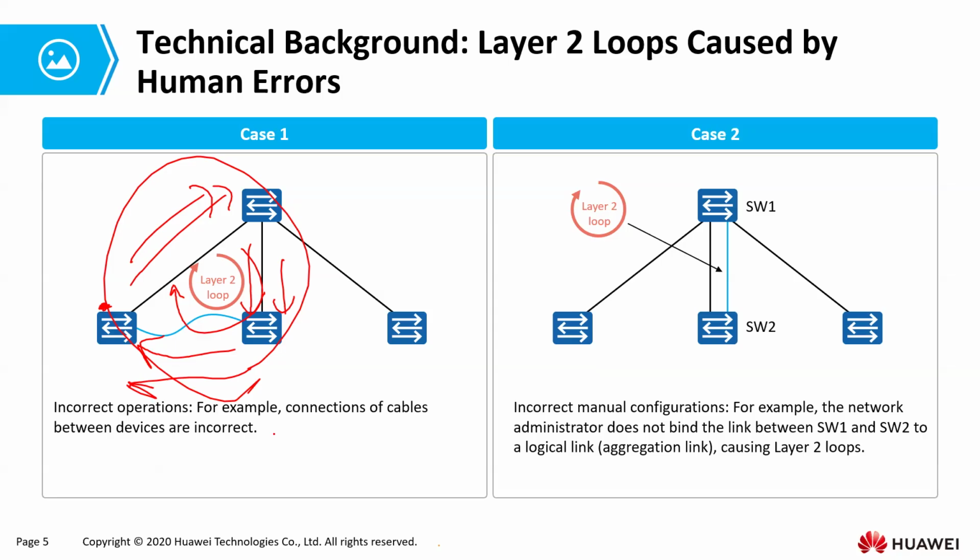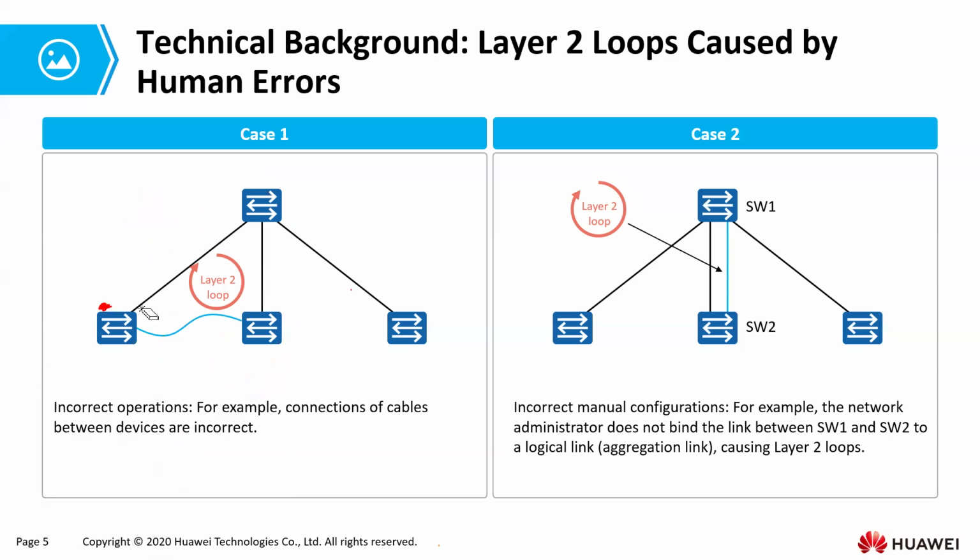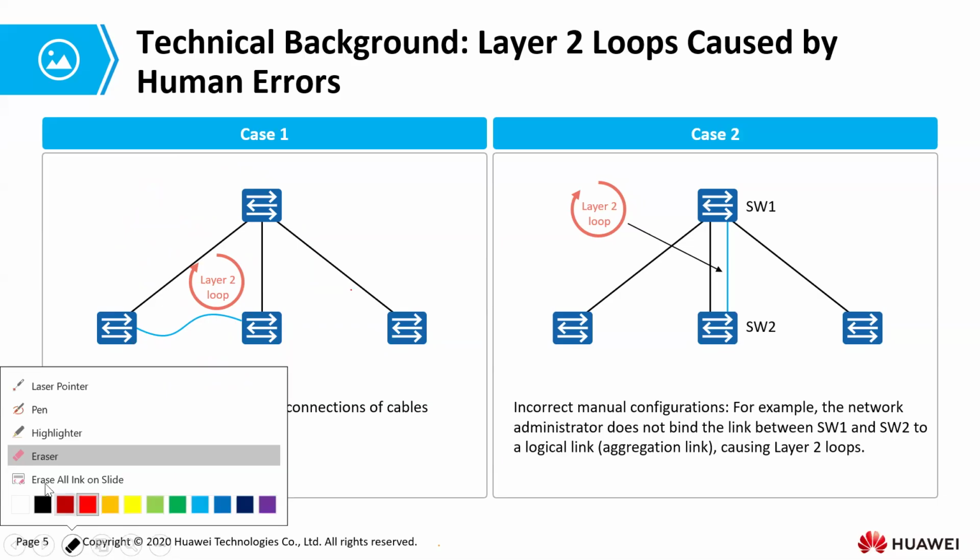What causes that? One, we have causes by human error. So if you take a look at this one, basic configurations can create a loop. With this one, we have number one, incorrect operations. Connection of cables between devices is incorrect.